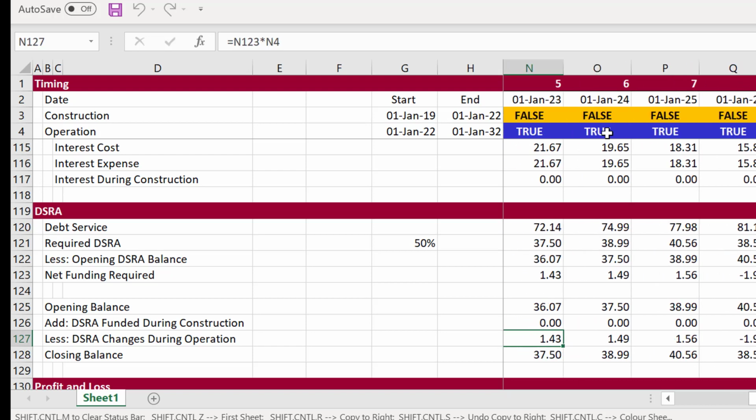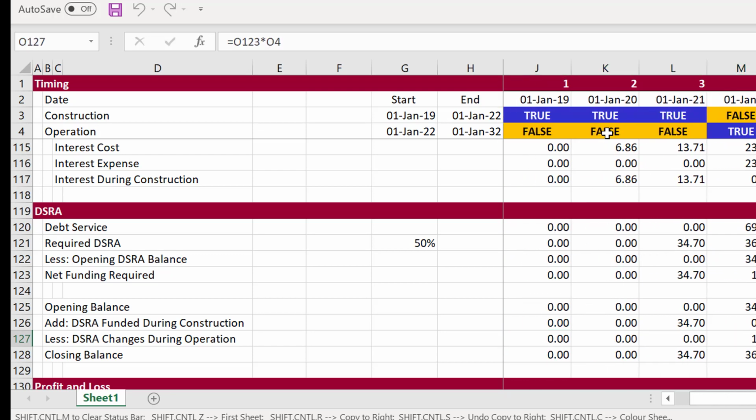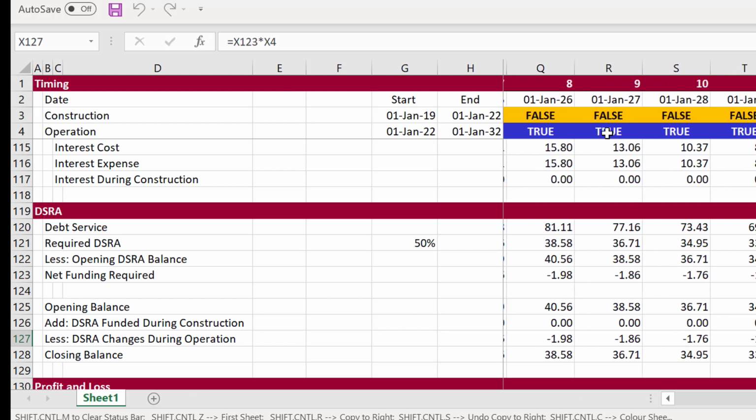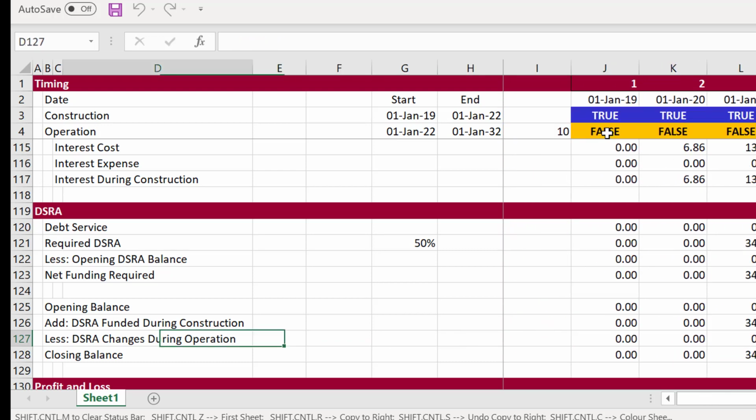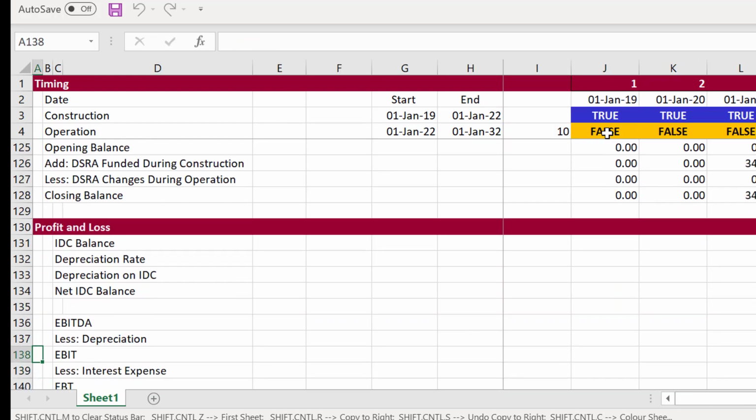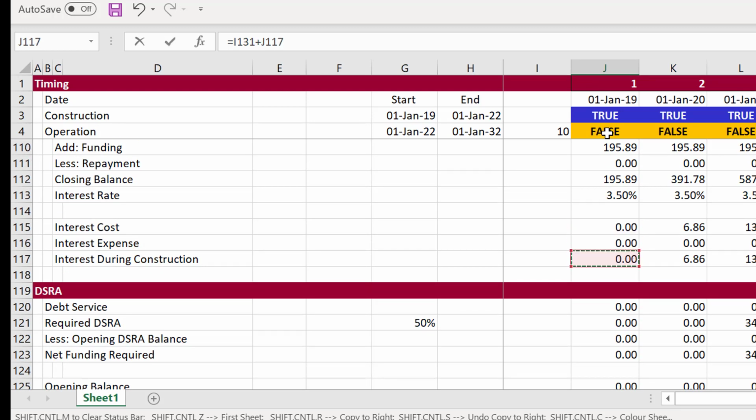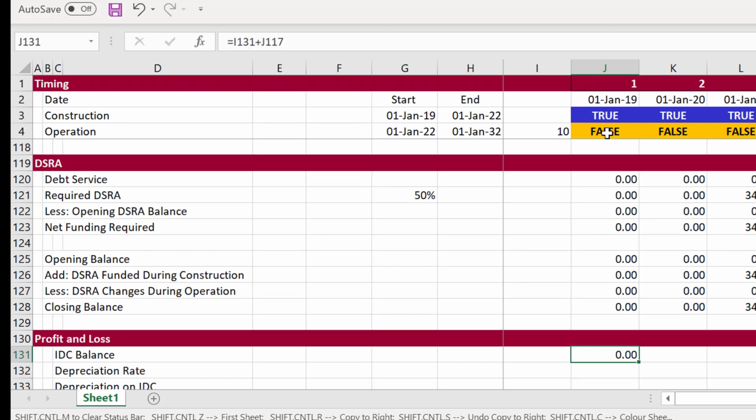We have to do a little more funding because our cash flow went up, and then we finish it. Now, let's get the interest during construction balance, which is the previous period plus our interest during construction, because we have to put this on the balance sheet.